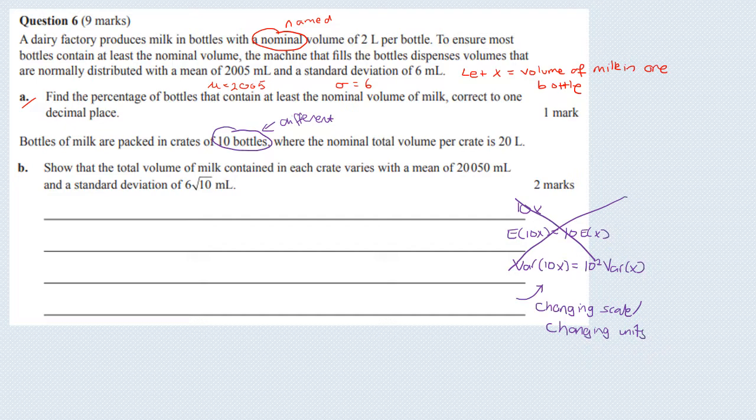So each of those bottles are going to vary in a different way. We can't use that formula we had before because we're not changing the scale. What we're doing is working out what happens 10 times. So instead of using that formula, we're going to work out the chance of each bottle individually and then put it all together.